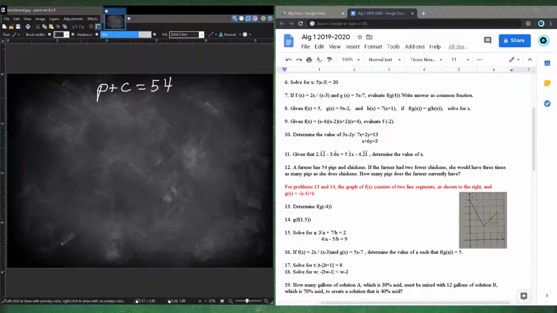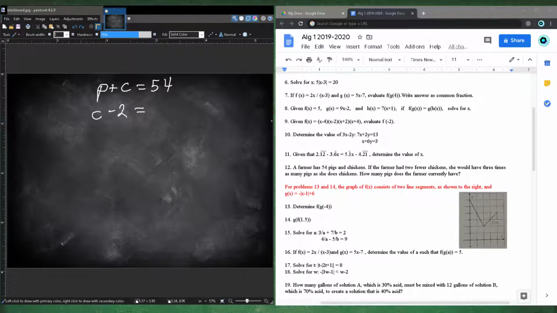If a farmer has 2 fewer chickens, so chickens minus 2, she would have 3 times as many pigs as she does chickens. Actually, let me read that again.